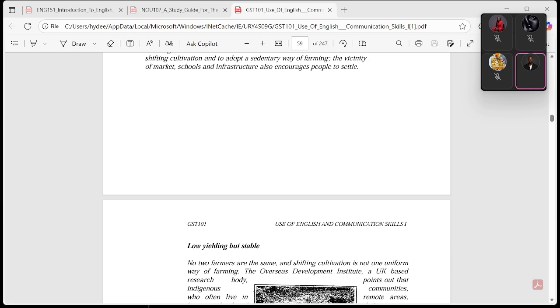This is GST 101, Unit 4: listening and information retrieval. That's what it's telling us about.